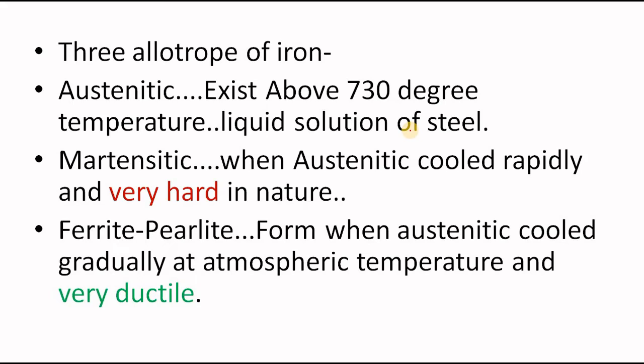Now, why this transformation occurs is totally a subject of metallurgy. As a civil engineer, we are only interested in strength and ductility. And we want the surface of the reinforcement, or the steel, to be hard enough to maintain the required strength, or it should be the martensite form.